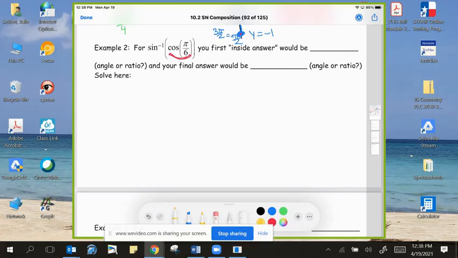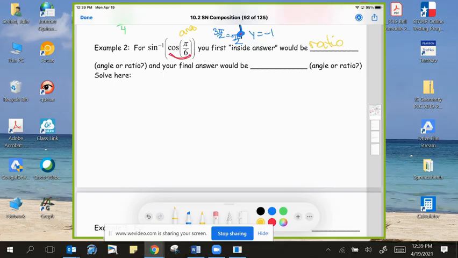Is pi over 6 an angle or a ratio? It's cosine, so it is pi over 6. That's an angle. So then the answer to that interior would be a ratio.